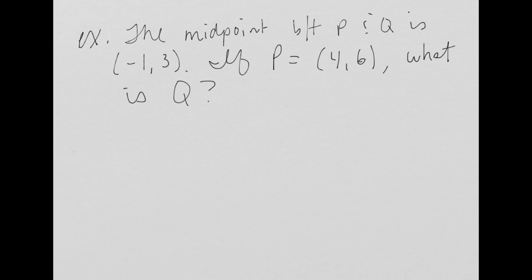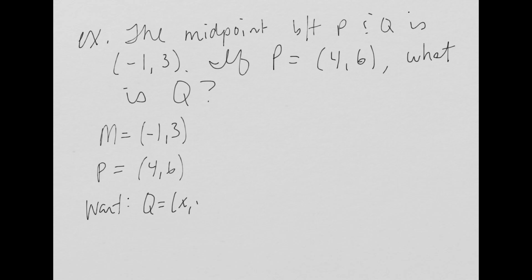So I have that the midpoint between two points is (-1, 3). So I'm going to write that down. My midpoint is (-1, 3). I know that P is (4, 6). So this is kind of like my known column. I know everything over there. What do I want? I want to know what is Q.